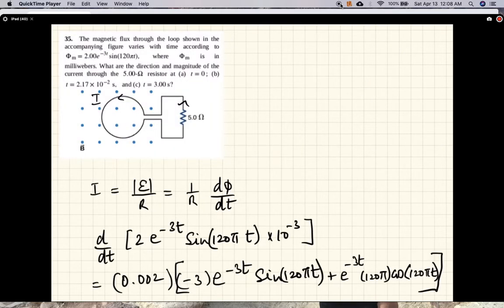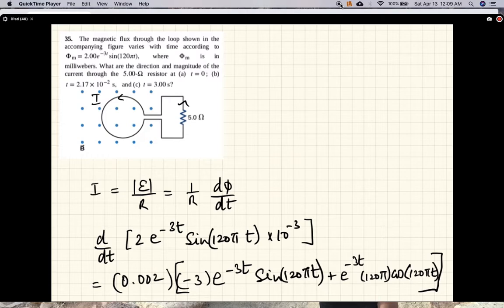What we want to find is the magnitude and direction. We've already done the direction of the current, and now the magnitude.